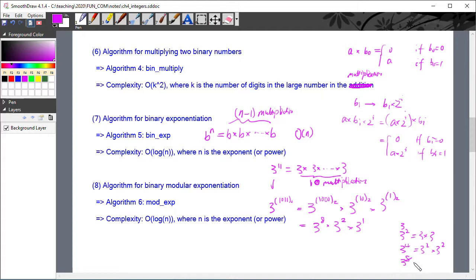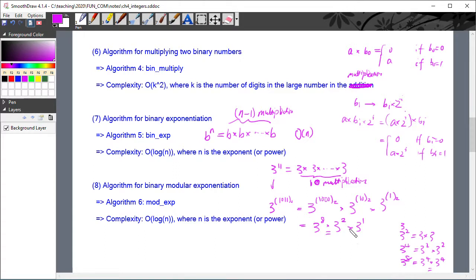And 3 to the power of 8 equals 3 to the power of 4 times 3 to the power of 4. So in other words, for each single bit in the exponent, we will need one multiplication for calculating 3 to that power, and we also may need one more multiplication to combine it with a temporary result.